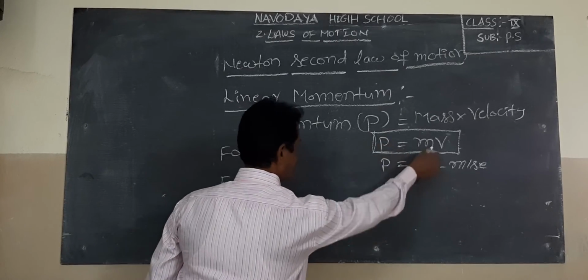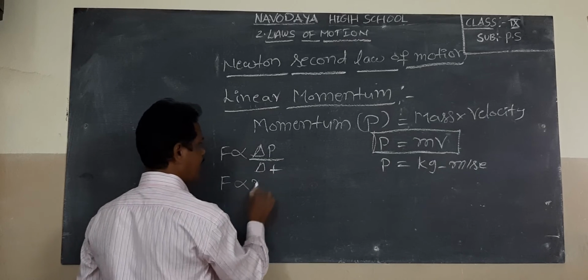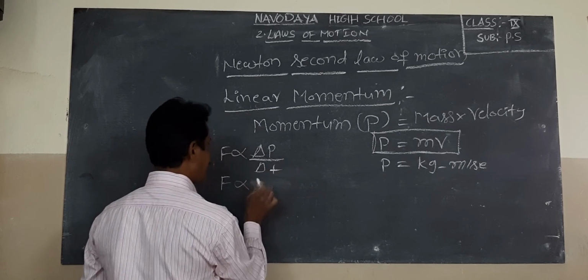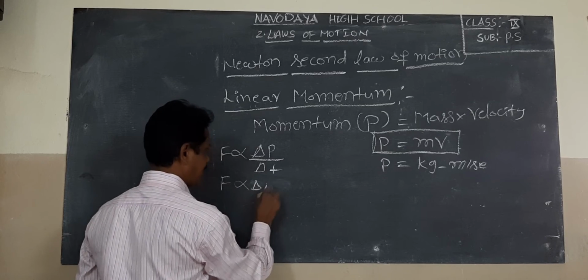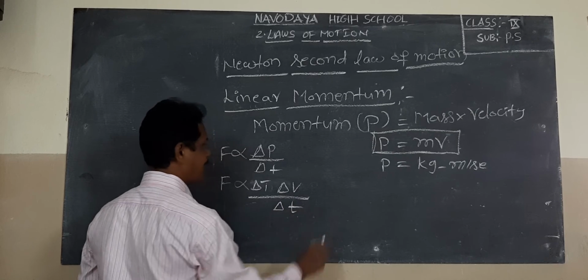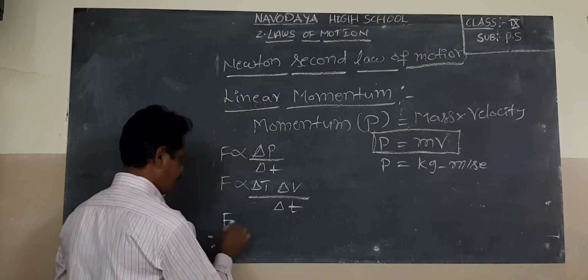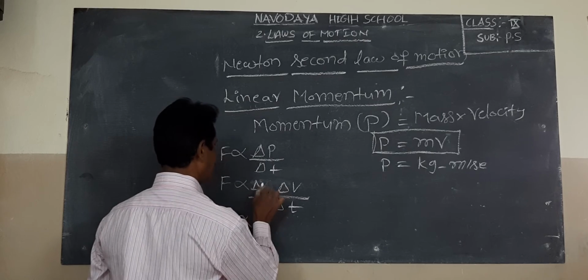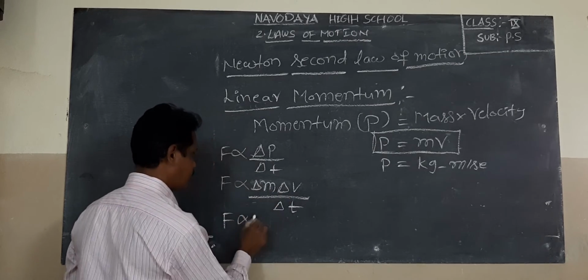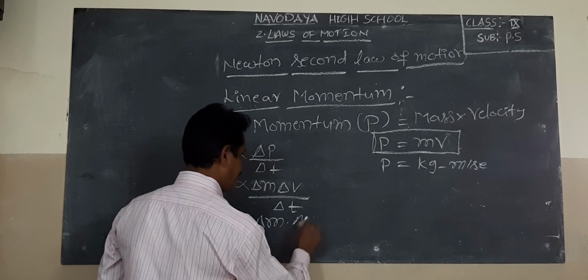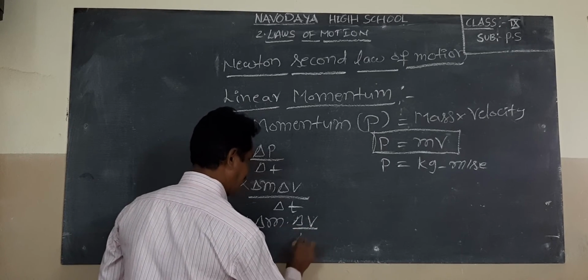The formula of momentum is m into v. So F is proportional to delta m into delta v by delta t.